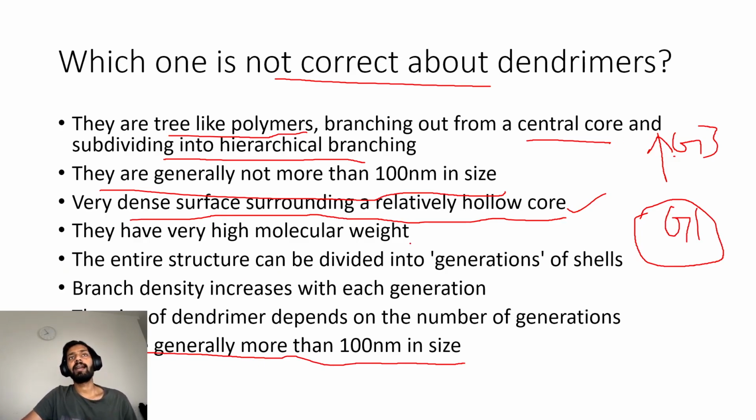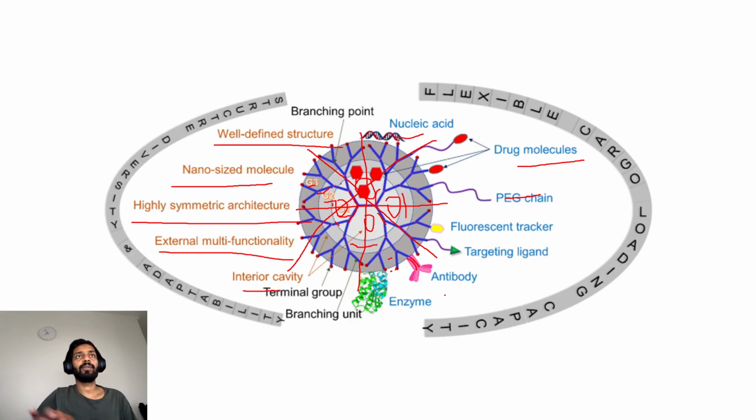They have very high molecular weight, which is also true because of this heavy branching. The entire structure can be divided into generations of cells, which is true. So we saw G1, G2, G3, it can go on till G5, G6, G7, whatever. And the branch density increases with each generation. That's also true, right? So we've seen the density keep on increasing with generation after generation.